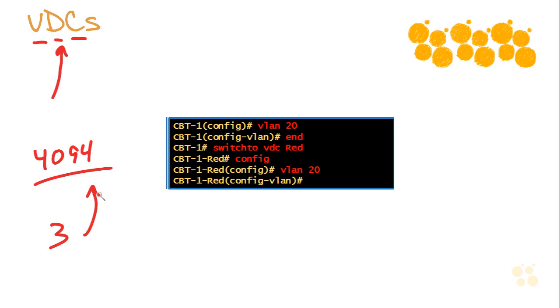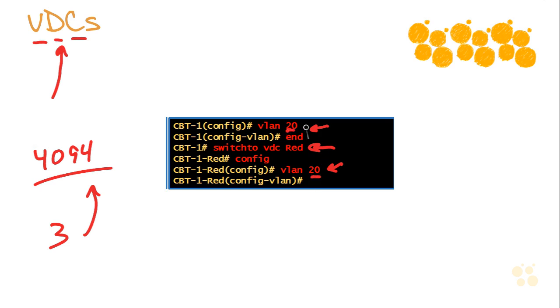This can be very, very problematic for engineers as they're getting used to it. Here we have an engineer create VLAN 20 in the default context, then switch into a context called red and create VLAN 20.